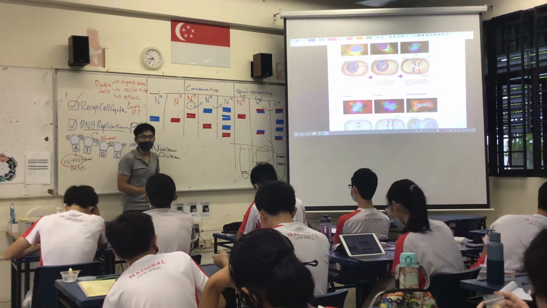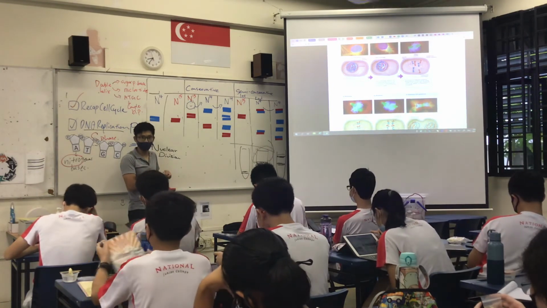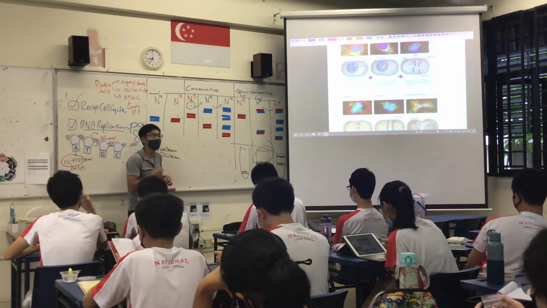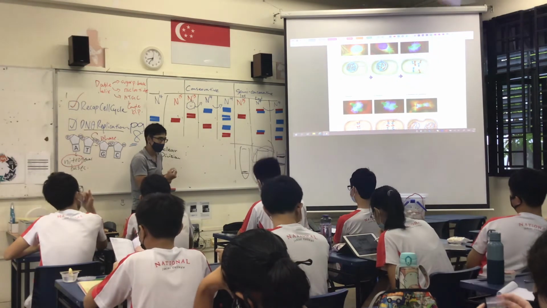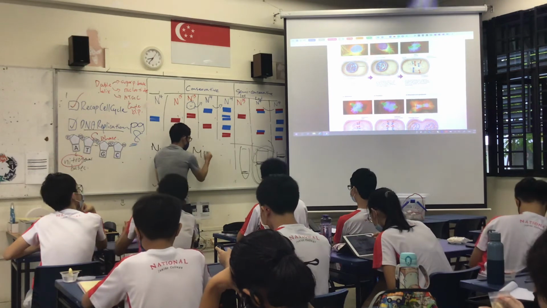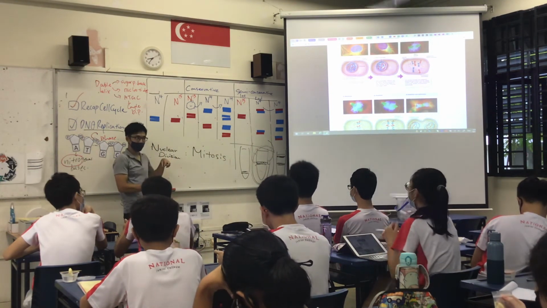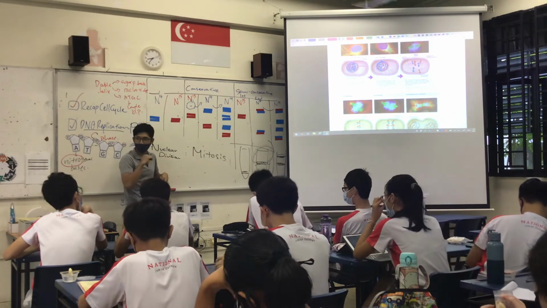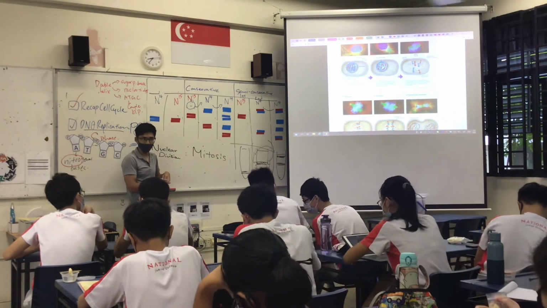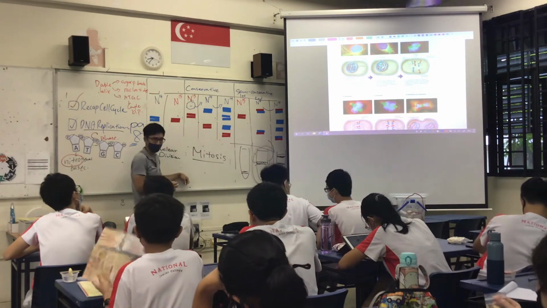Earlier on I was saying that when a cell divides, the nucleus needs to divide first, right? There is a name for this. The process when the nucleus divides is called mitosis. Tomorrow, our aim is to look under the microscope and to find cells that are undergoing mitosis.